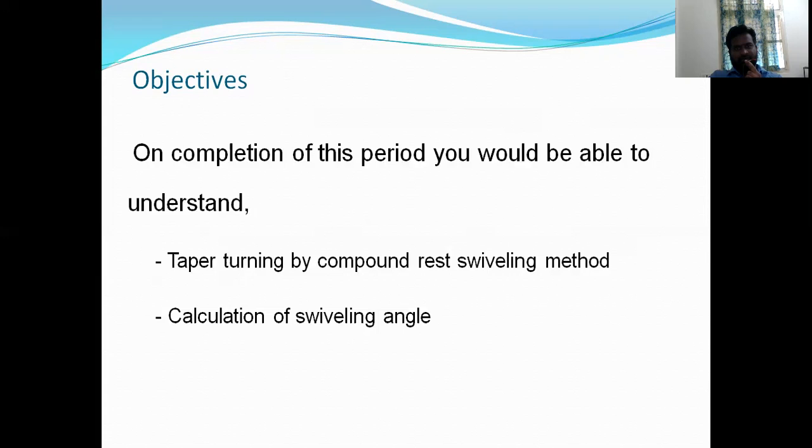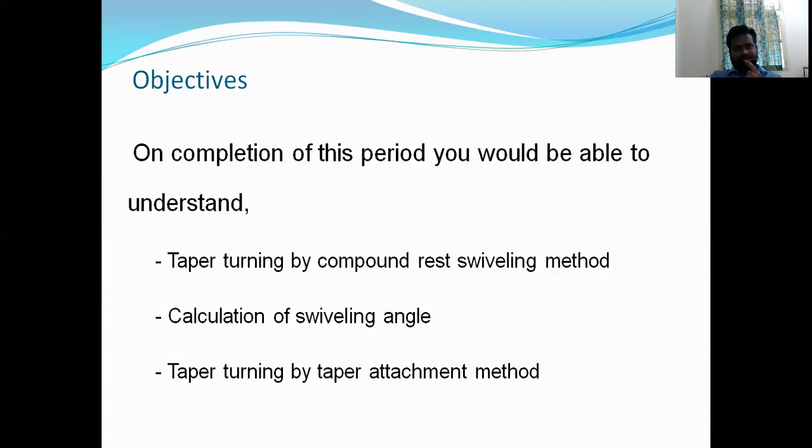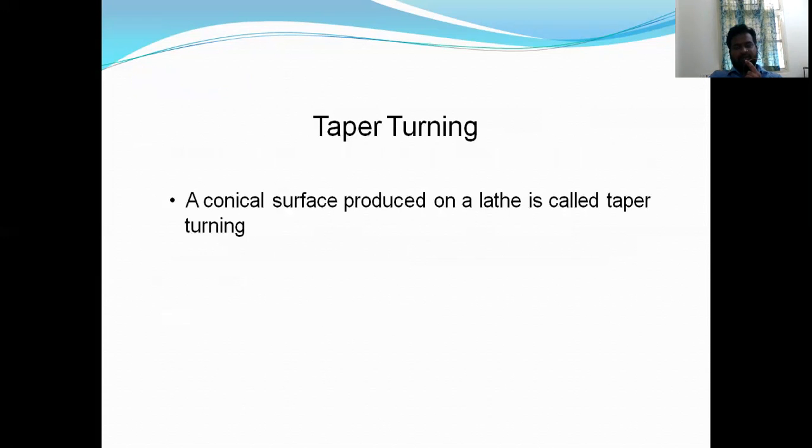On completion of this period, we will understand what the compound rest swivelling method is and how to calculate the angle. We need the angle for producing the taper shapes. And also taper turning by the taper attachment method. Right? Before going to discuss the processes, once again let us recall what is taper turning. Taper turning means a conical surface produced on a lathe.